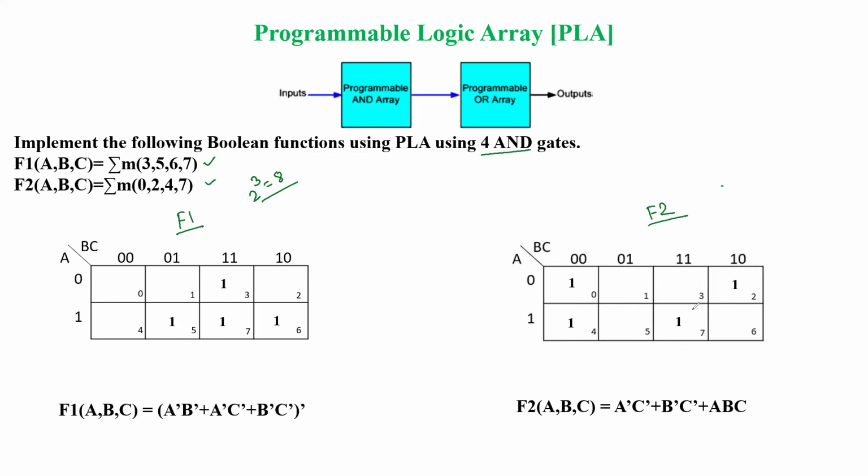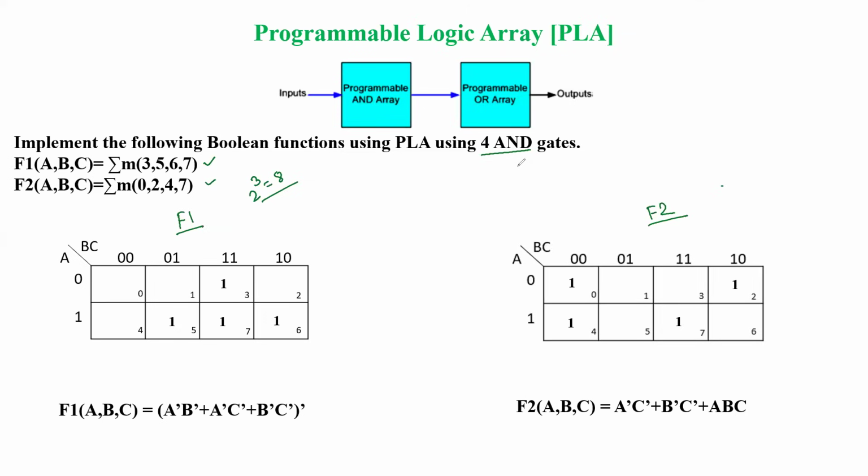Now, since the condition is that we have to do it with only 4 AND gates, we should be careful about how we select the min terms, whether we are able to get the 4 product terms without taking the complement, since an AND gate represents the product terms.